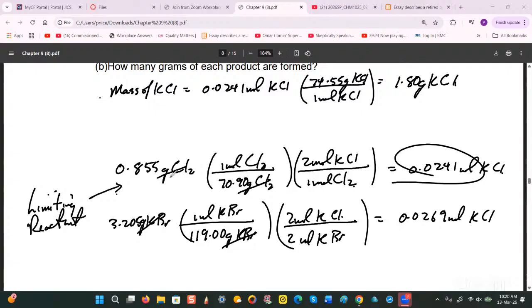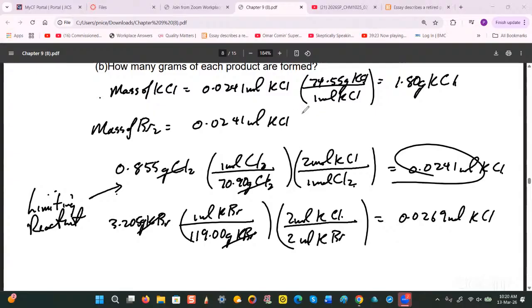Now, how do we get the mass of the bromine? Well, there are a couple of approaches we can take. We can start off with the moles of the potassium chloride. So mass of bromine would be equal to the moles of potassium chloride, 0.0241 moles of KCl.